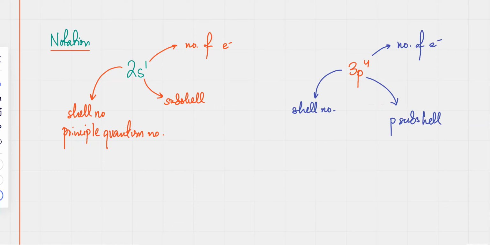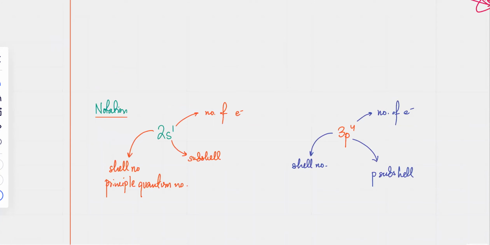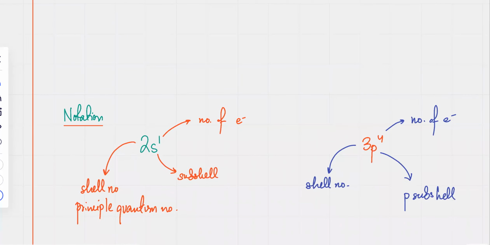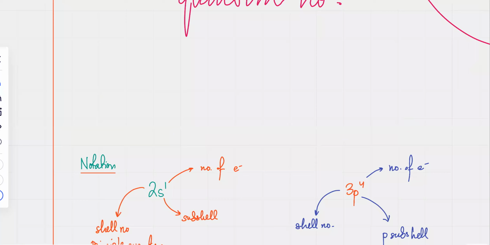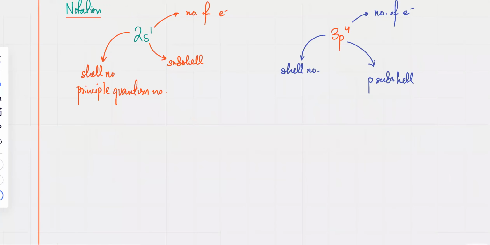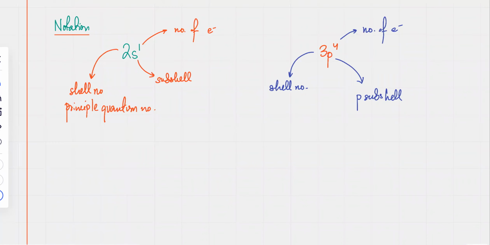And what happens with the shell numbers? That has to be discussed. When we talk about shell numbers, what do we mean? It's the energy level. For example, an electron in the first shell, 1s1. The 1 indicates that the electron is in the first shell, which has the lowest energy.